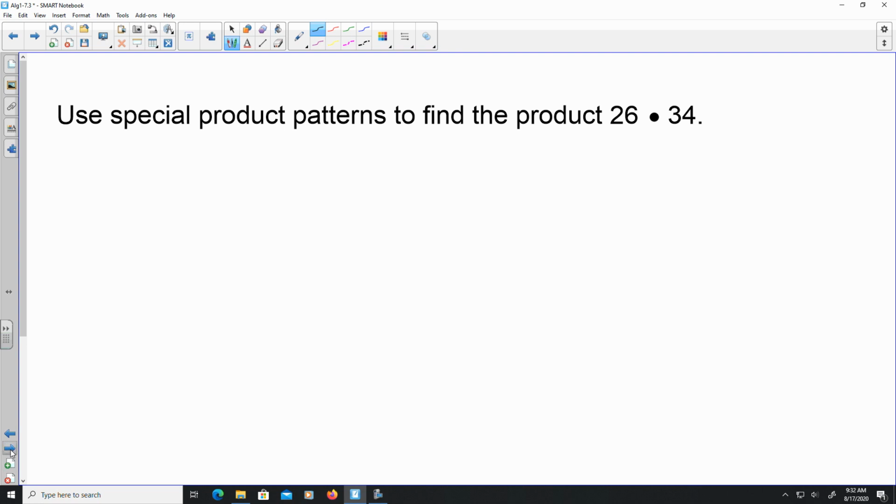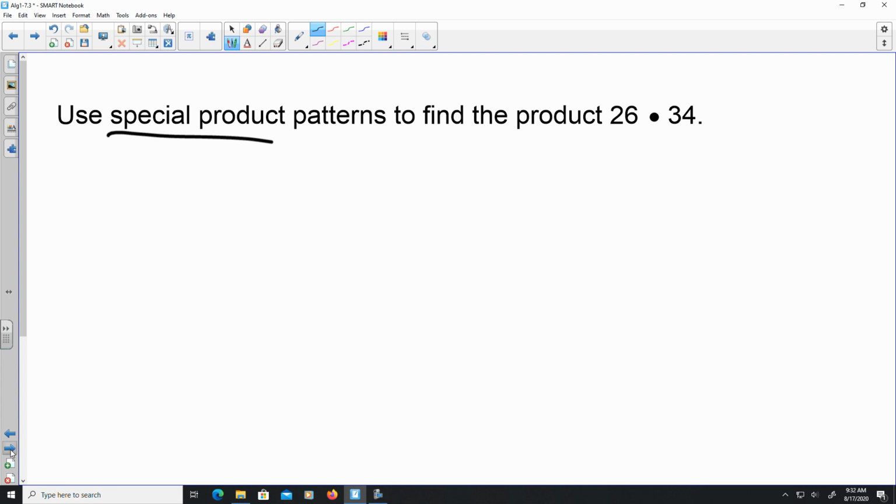Now here, it says use special product patterns to find the product of 26 times 34. Here's what they mean when they say using the special products. So you're going to use one of the three formulas to help you solve it.